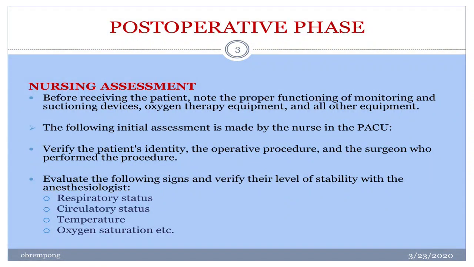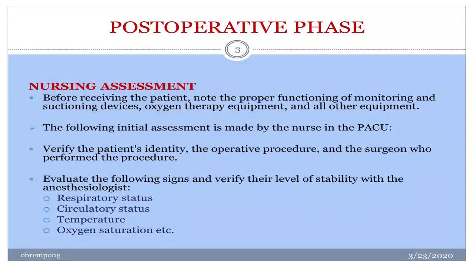Evaluate the following signs and verify their level of stability with the anesthesiologist: respiratory status, circulatory status, temperature, and oxygen saturation. So you are supposed to look at the SpO2 of the individual. If you go to certain facilities, an SpO2 of about 80 means you are supposed to give oxygen. Higher, 100%, means the individual sustains.